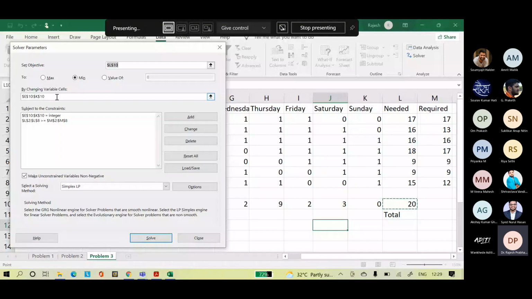Click on int and click OK. Got it, all of you?